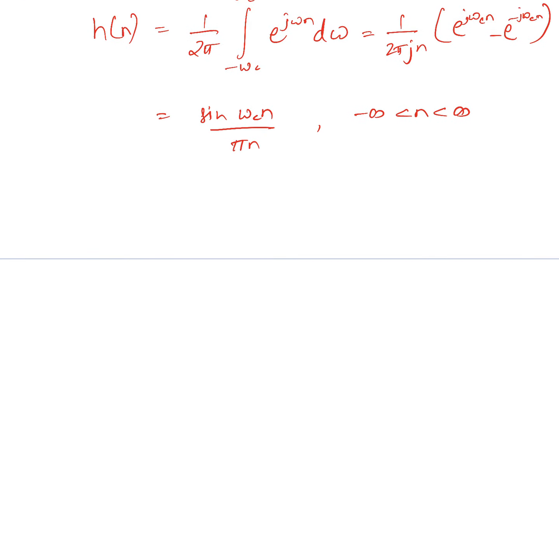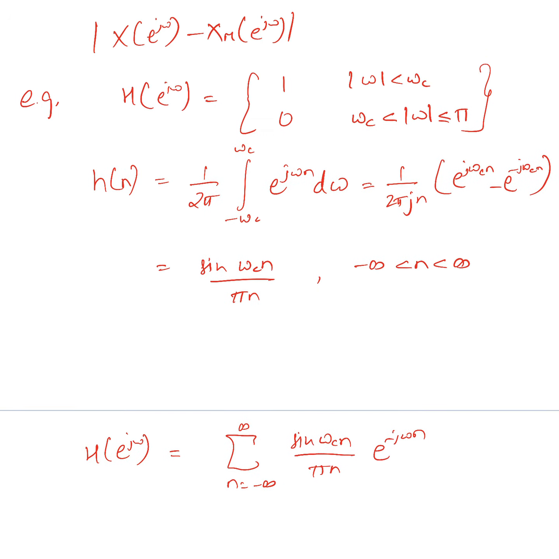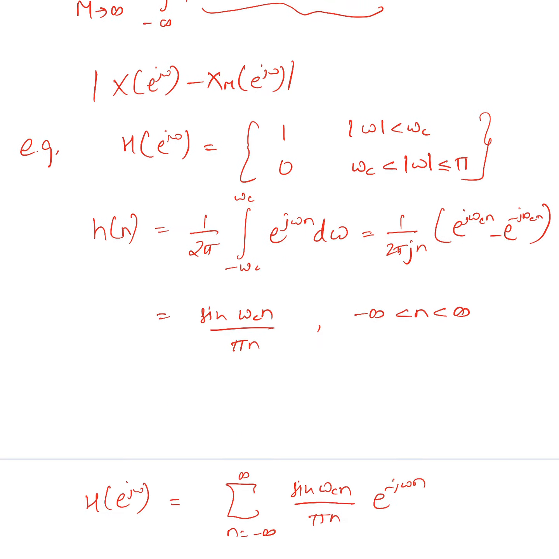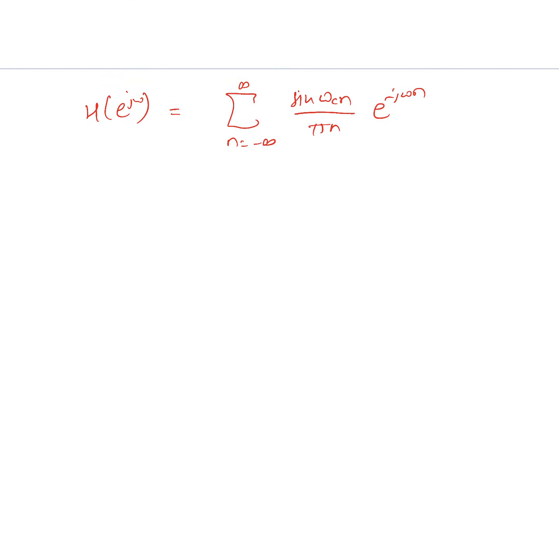So if I compute directly through the formula, the sum from minus infinity to infinity of sin(ω_c n) divided by pi n times e^{-jωn}, you will notice that this does not converge uniformly for all values of omega. But we shall now see how we can ensure mean convergence using that above formula.